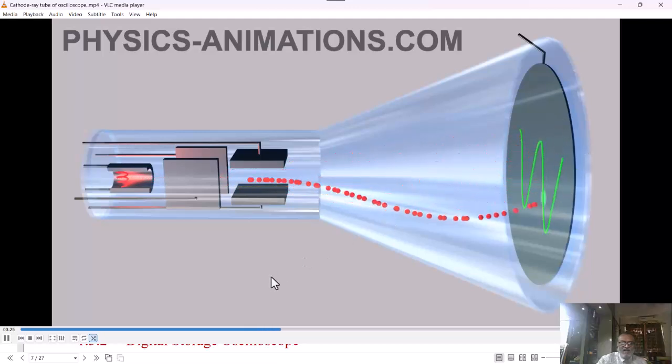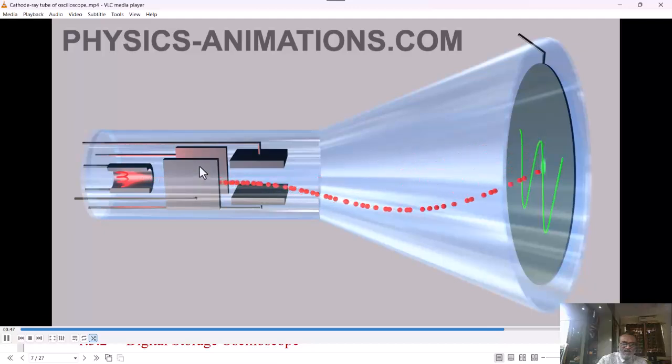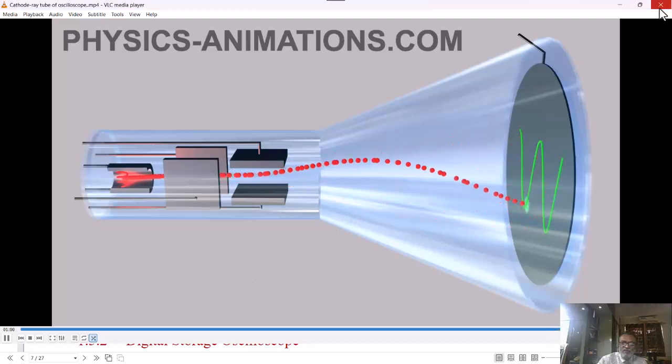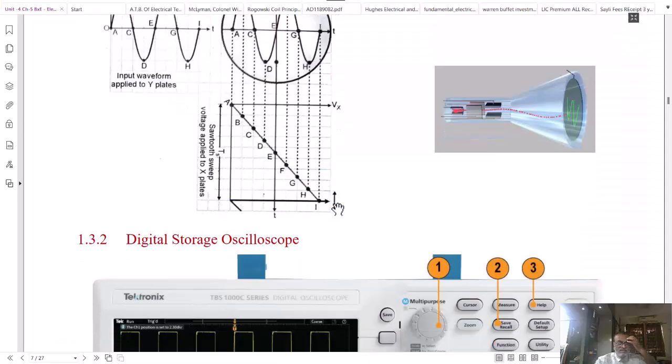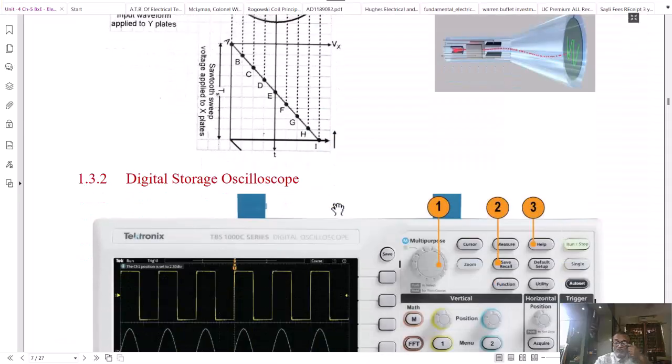And since the voltage connected to vertical deflection plates is changing sinusoidally and the voltage connected to horizontal plates in a ramp fashion, the beam will be moved on the screen in the vertical direction as per the signal amplitude and from left to right due to the time base generator. And this way, any waveform can be traced on the screen. This is all about the analog oscilloscope.